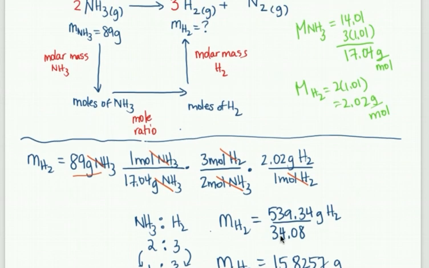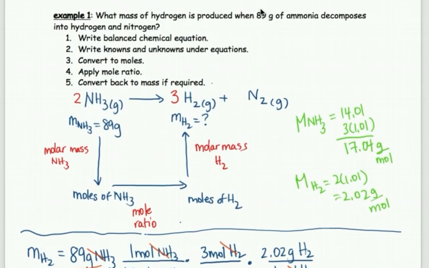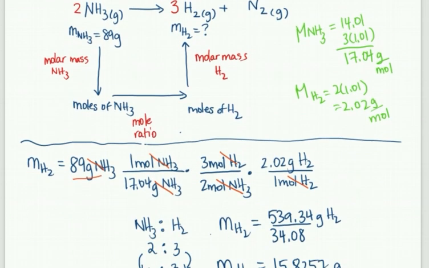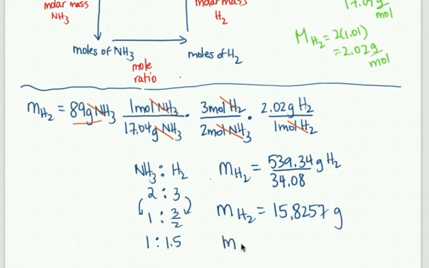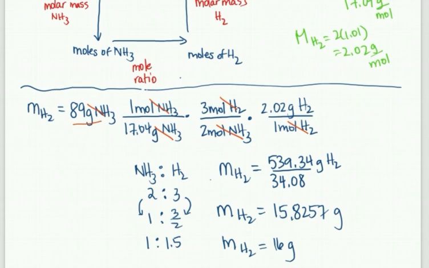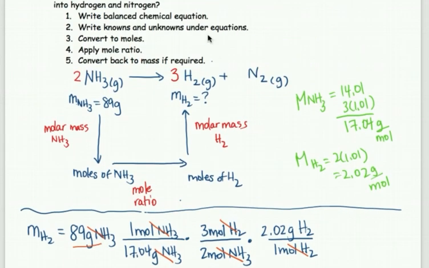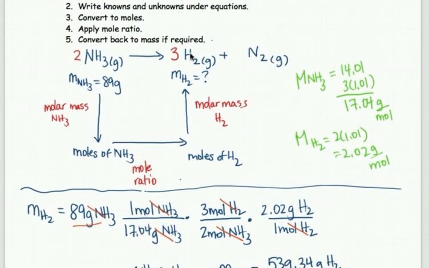So I'm looking up at the top, the initial value. See how it was 89, it was just 2 digits, so I rounded to 2 digits here. 16 grams, like that. Okay, all right, and then you'll make a therefore statement. Therefore, the mass of hydrogen, and if you want to be really specific, so it said, what's the mass produced, okay?